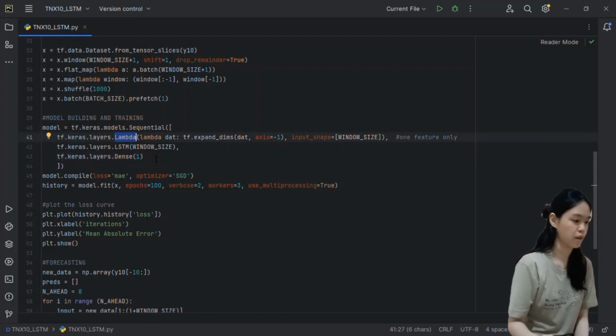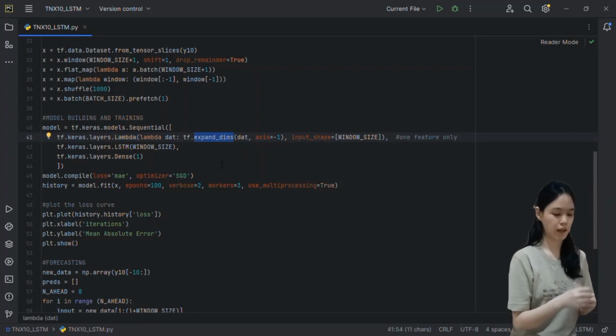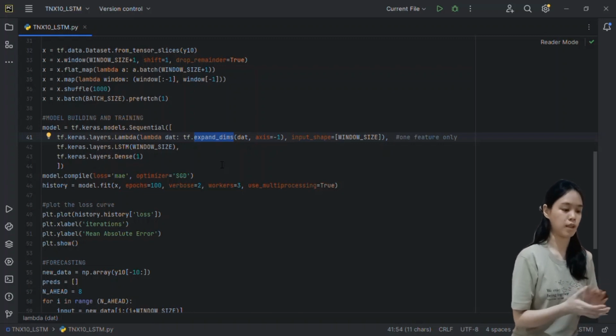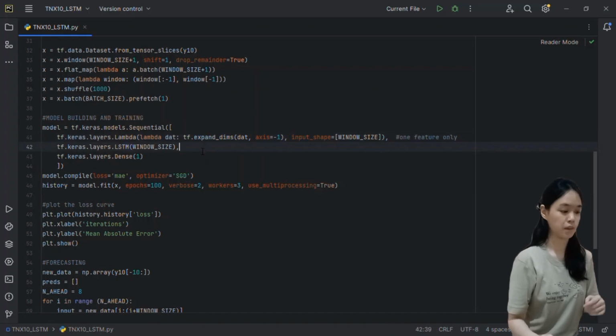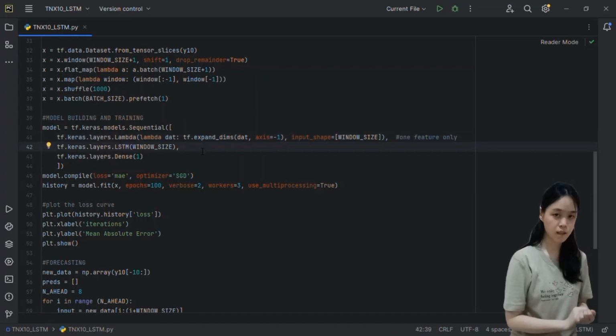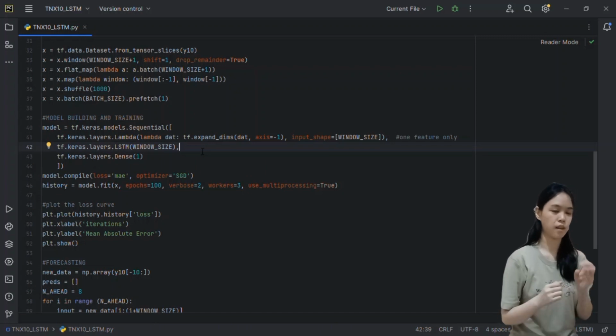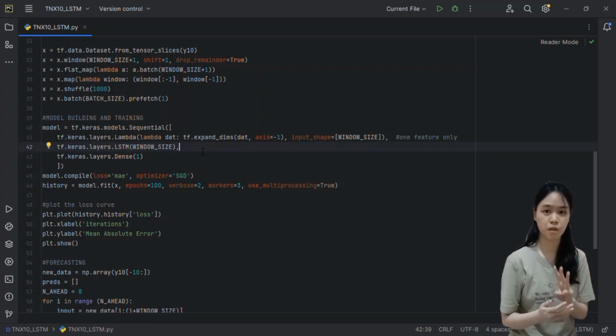So in the first layer, we have a lambda layer, and in the lambda layer, we expand dims, meaning that we just add another dimension to our data set. This is for preparing the input to get into the LSTM layer, since the LSTM layer requires an input with 3 dimensions.